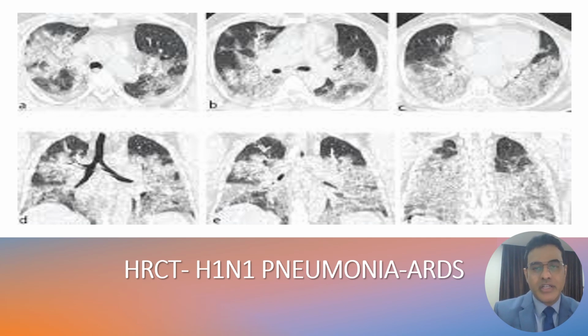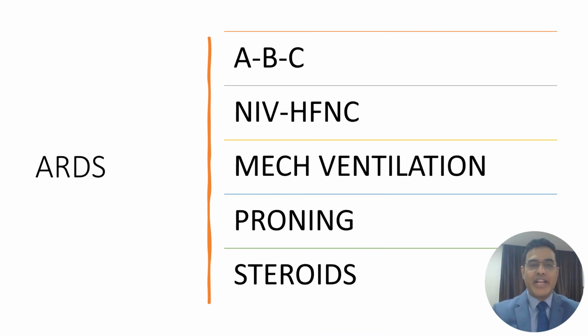The treatment for ARDS, as you know, ARDS is defined as mild, moderate, or severe depending on the PF ratio, PaO2 by FiO2. For every patient, first secure the airway properly, and breathing support starts from nasal prongs to face mask to high concentration mask. If they are not doing well, then the first thing is non-invasive ventilation and HFNC.